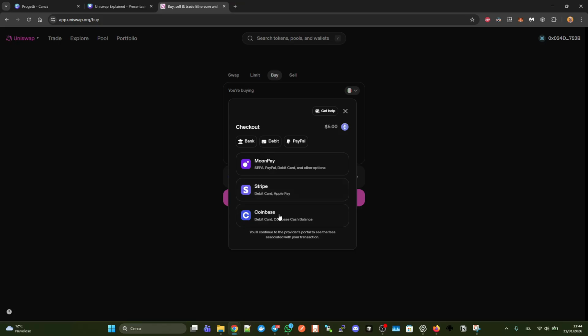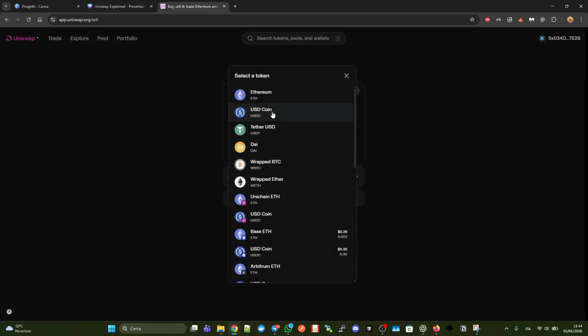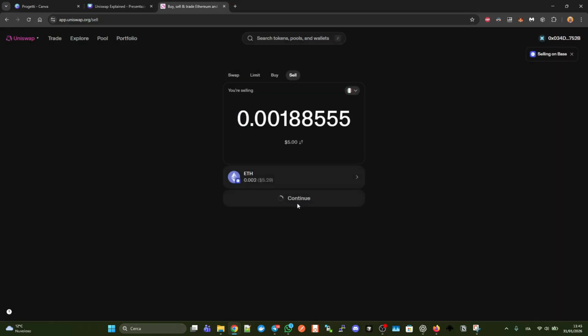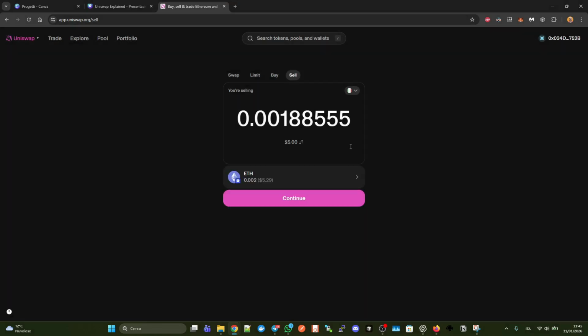These are all services that allow you to exchange fiat money, dollars or euros, whatever, to buy crypto. And in this case, you can sell your crypto for, let's say, fiat money. For example, I select Base, since I don't have money on the mainnet, I can continue, okay, it brings me to Coinbase. So this can be useful if you want to do on ramp or off ramp.